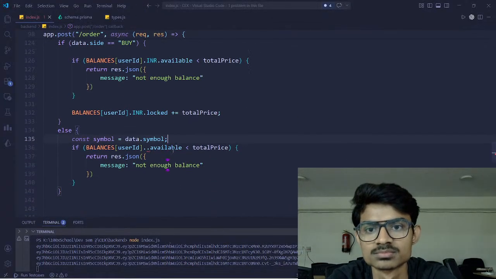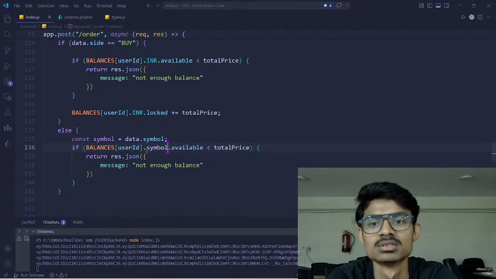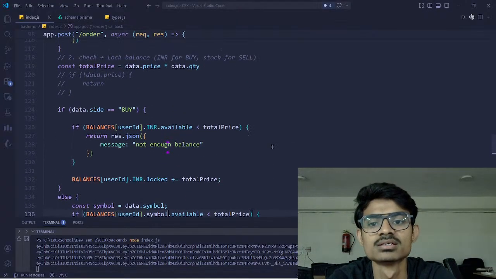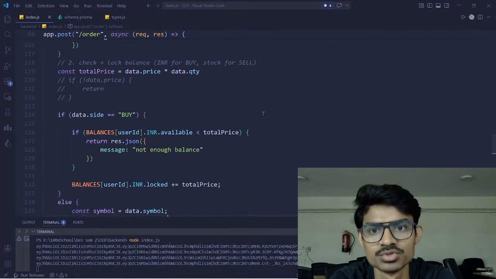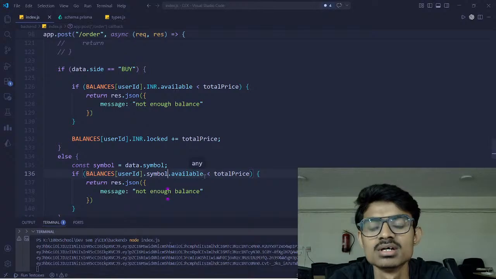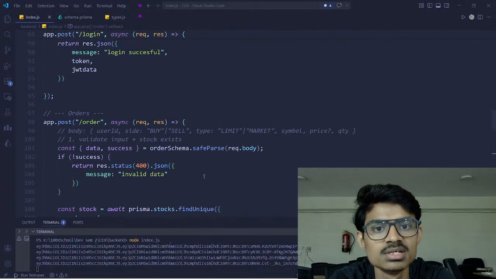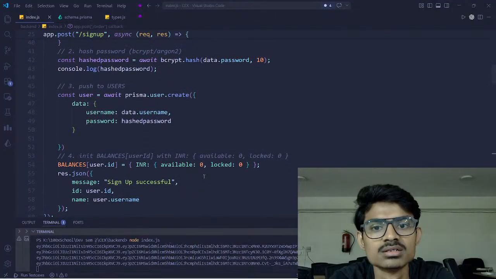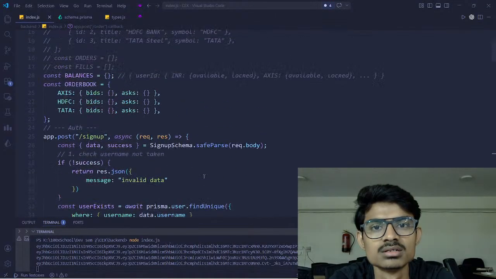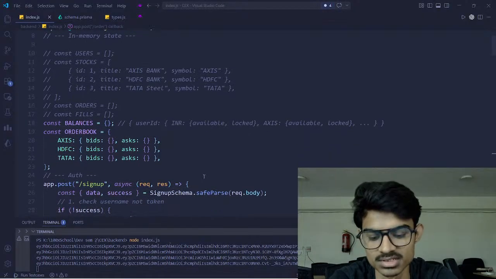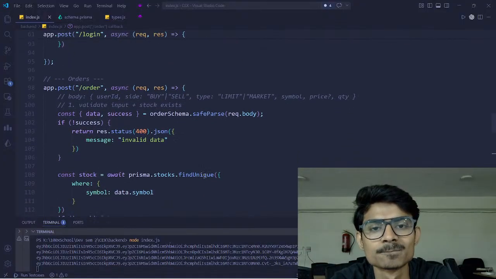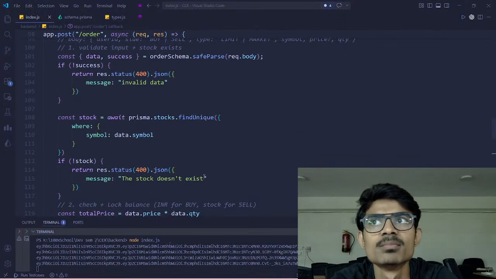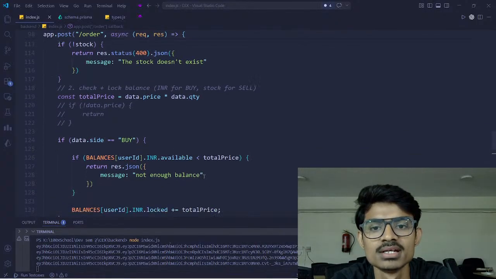No. So user ID, and then we're not going to the INR, we are going to symbol, which is the name of the stock, and available. Is it available only? So available locked, yes. So the available will be the quantity of the stock, right?